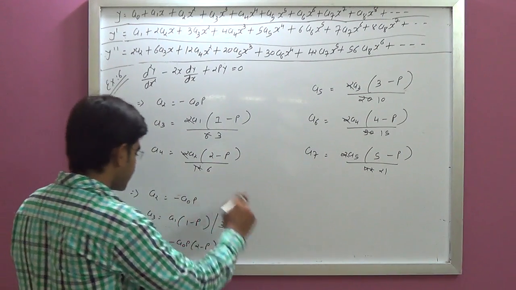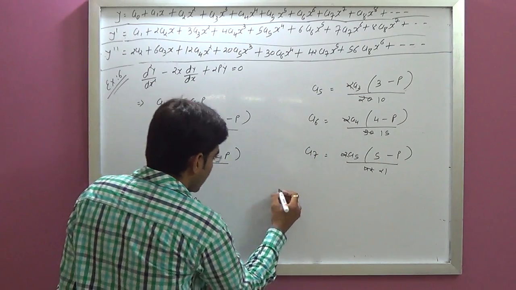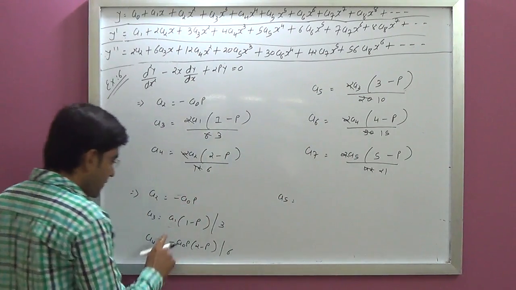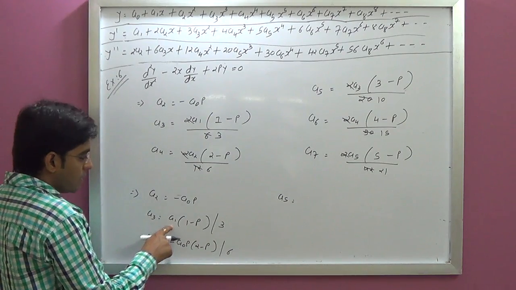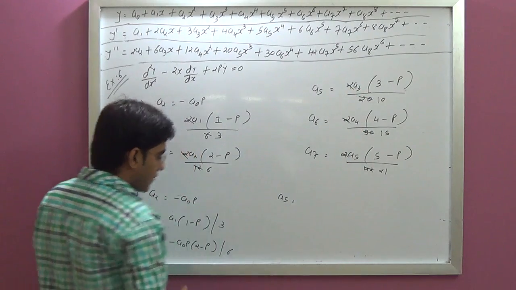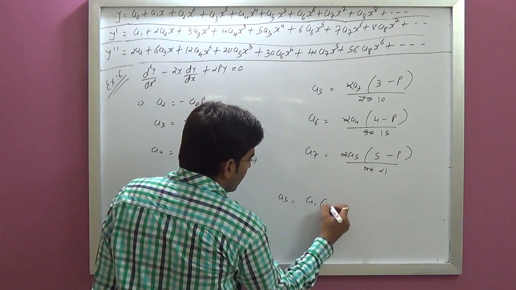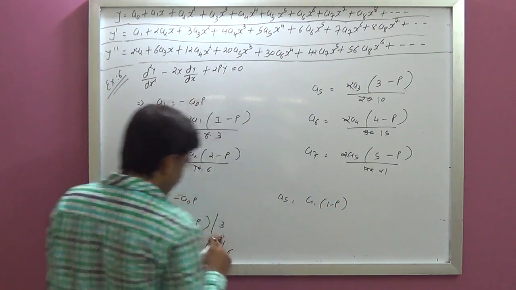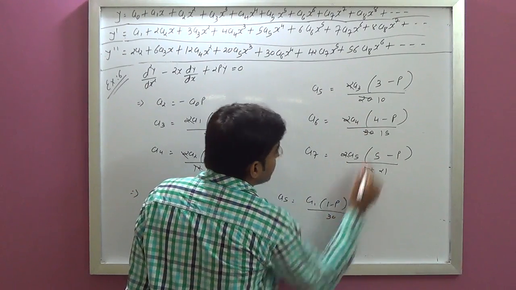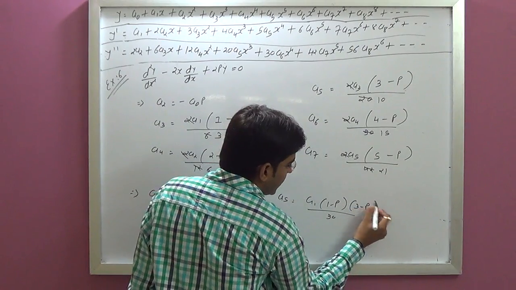Right? Now goes to a5. a5 we get a new value. What is a3? a3 equals a1 times 1 minus p by 3, right? That means a1 times 1 minus p by 3 into 10, and what was the 30, so we have 3 minus p.